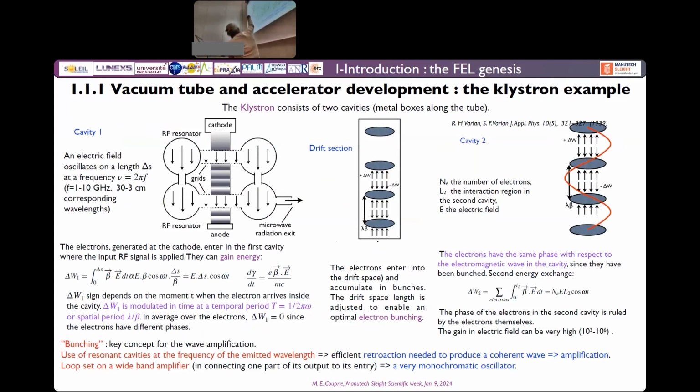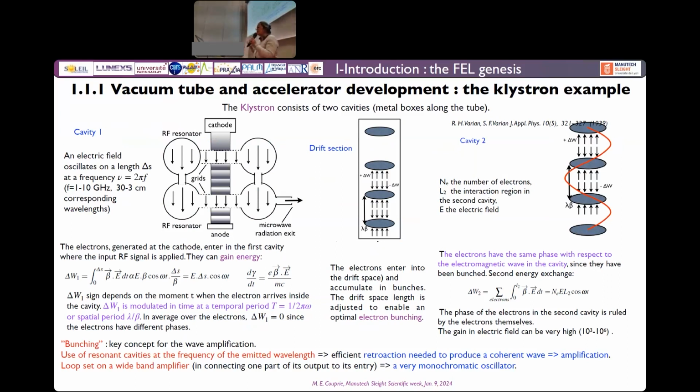Then the electrons enter a drift space, a drift section that you see here, and they accumulate in bunches because some electrons have gained some energy and go in front, and some have lost energy and go in the back.